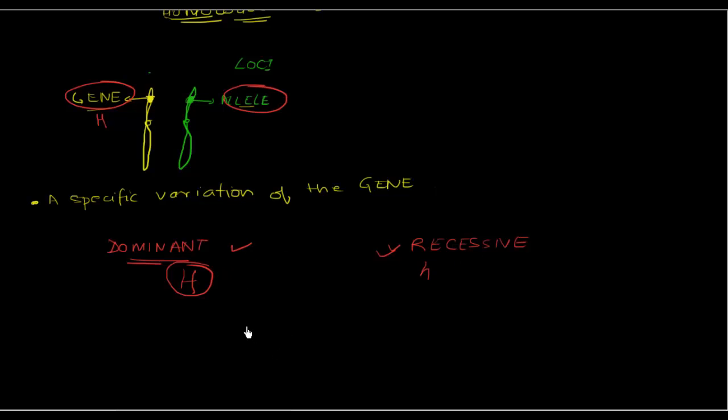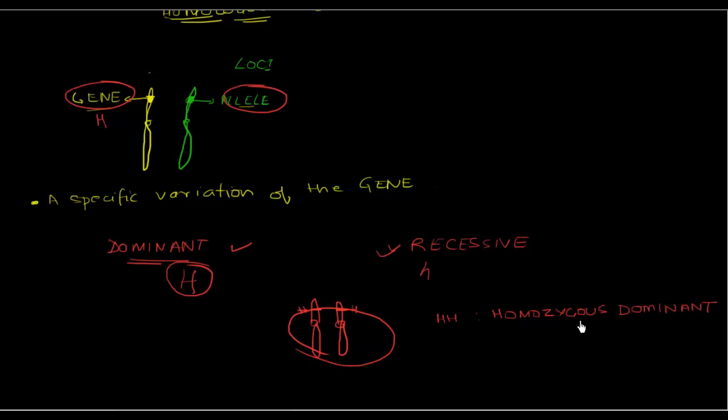So if I go back to my homologous chromosome, if this gene is dominant, that would be written as a big H. And even if the allele happens to be a dominant one, that is also written as a big H. In that case, the genetic makeup of this pair of chromosomes would be H and H, which is referred to as homozygous dominant condition.